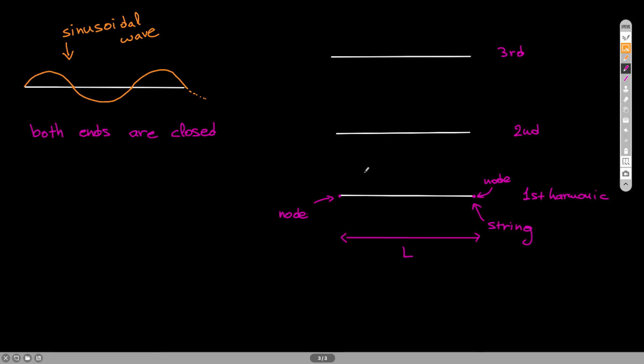Now, for the first harmonic, this is what I need to do. I know that this point is going to be at 0, and this point is going to be at 0. I want to go back and look at my wave, and I will try to take the smallest portion of this, the smallest portion that gives me a wave where both these 2 points are at 0.